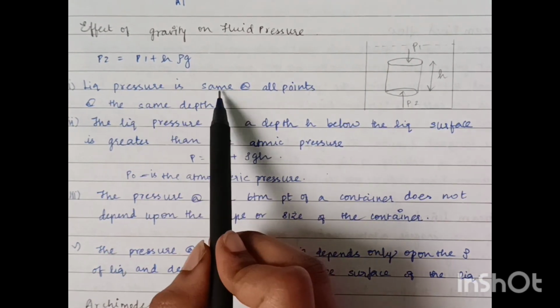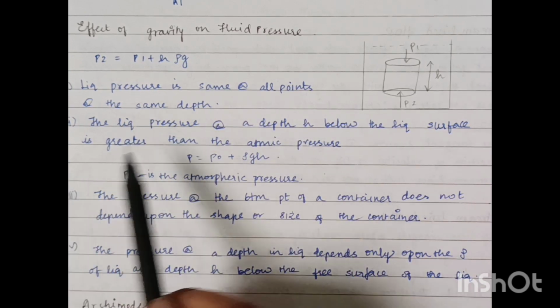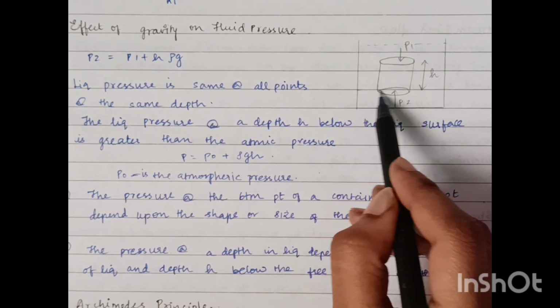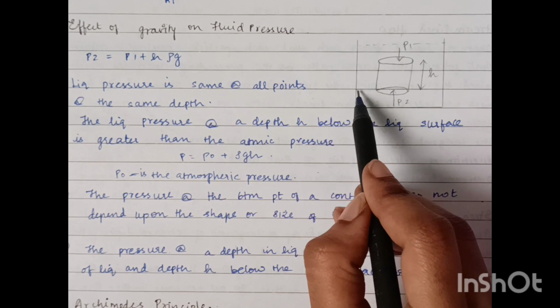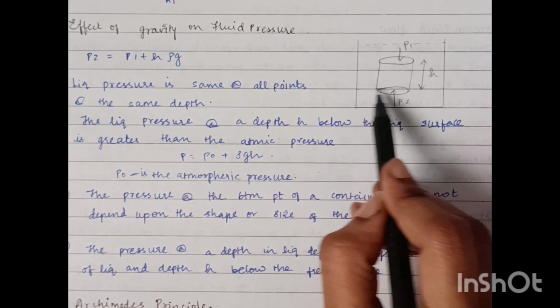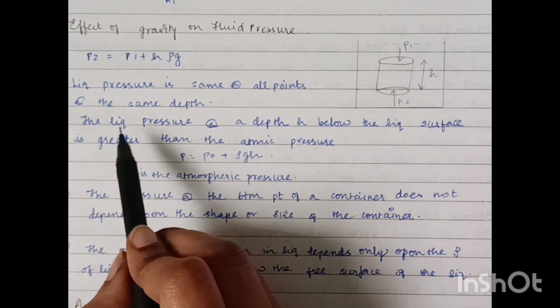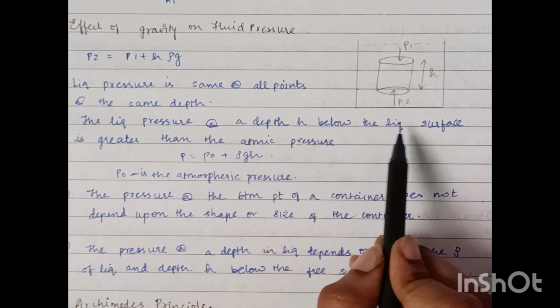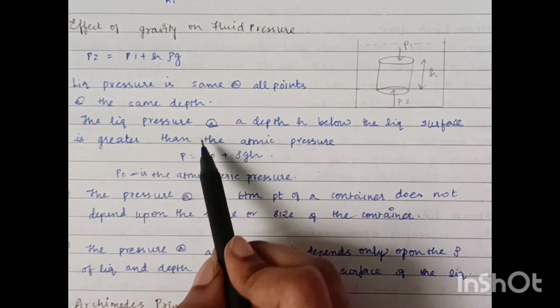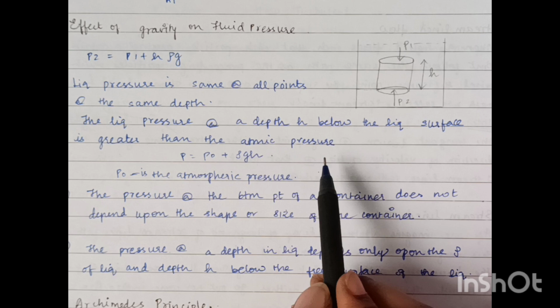The liquid pressure is the same at all points at the same depth. So if you take this depth, then the pressure is the same at all the points at this depth. The liquid pressure at a depth h below the surface is greater than the atmospheric pressure.